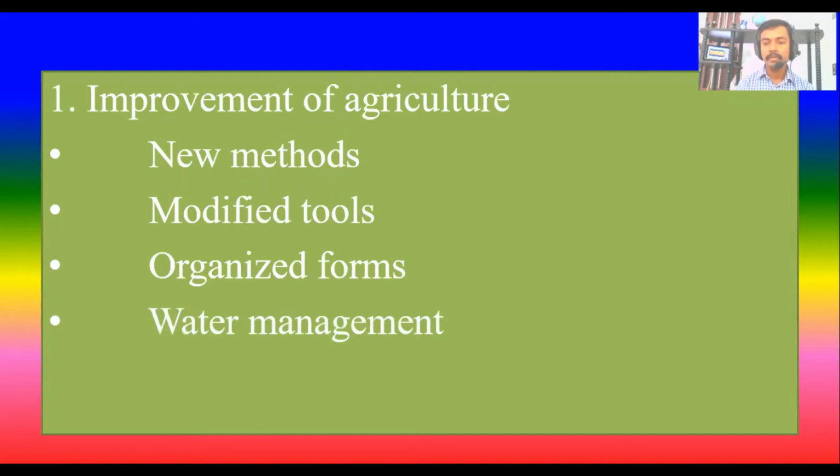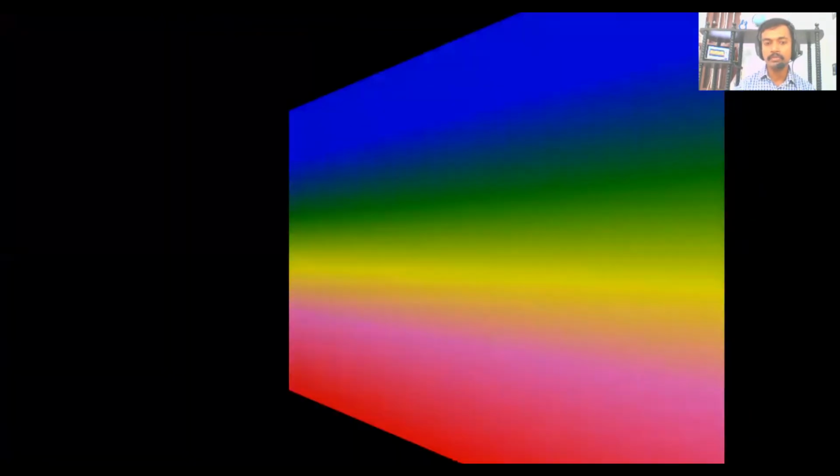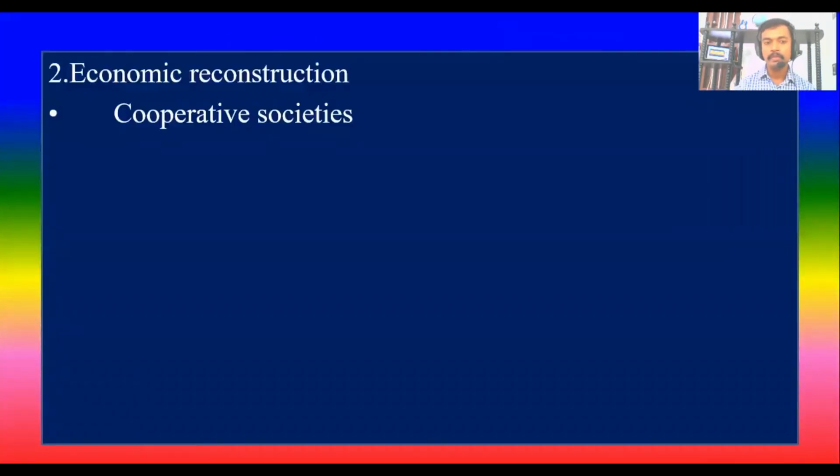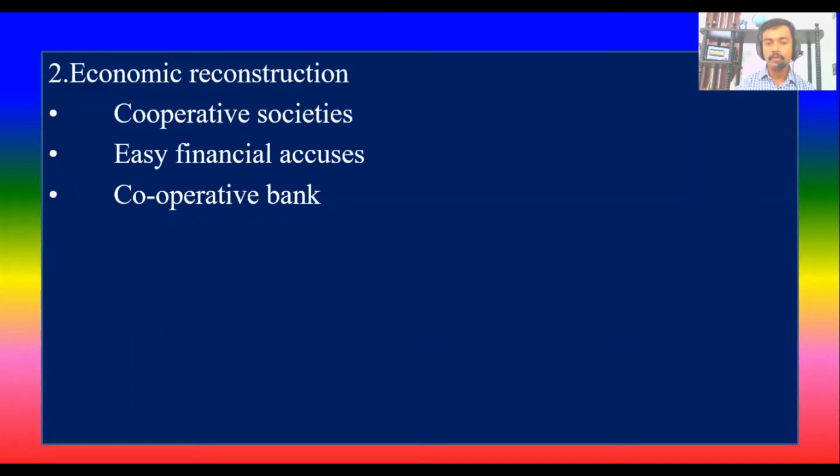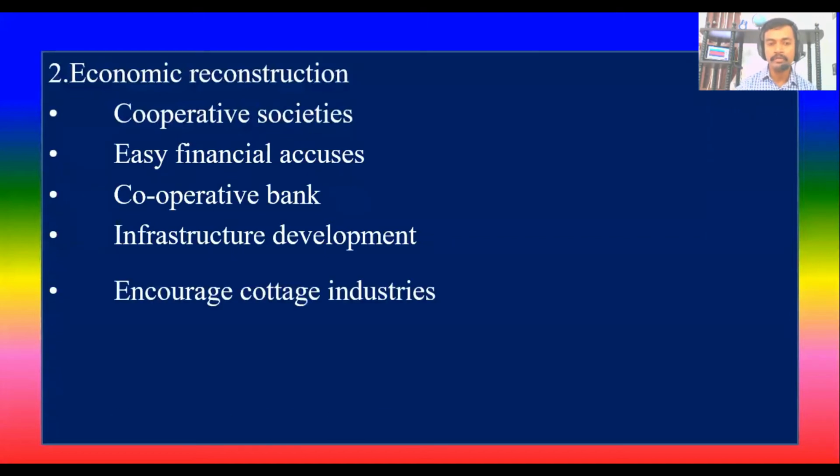Then water management, mainly drip irrigation and scientific methods. Then economic reconstruction: cooperative societies, easy financial access, cooperative banks. Nowadays in front of every bank it is written that agricultural loans are available. If you have land, you can get a better loan for agriculture.